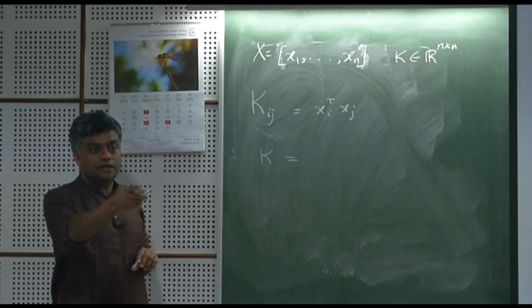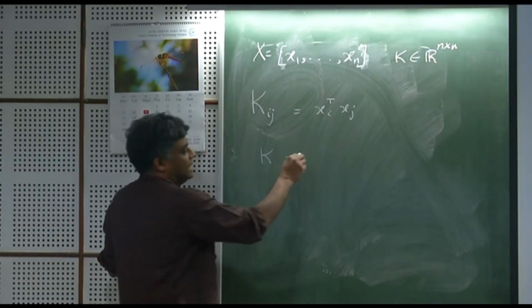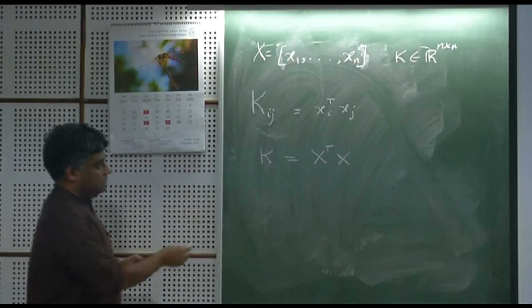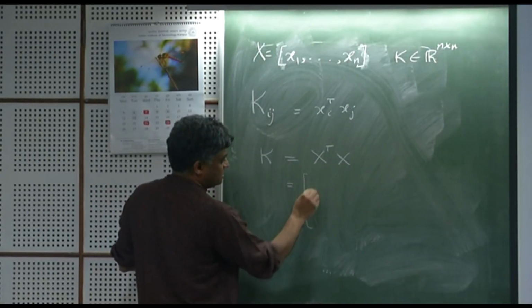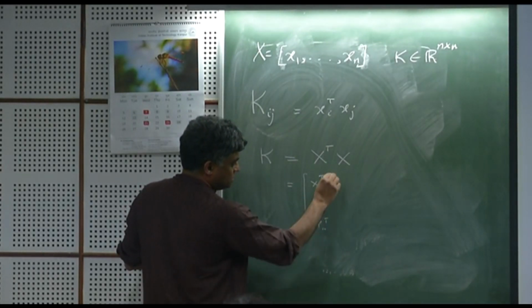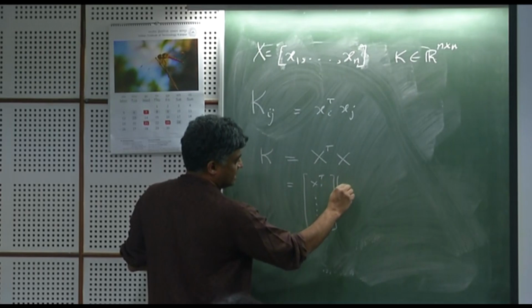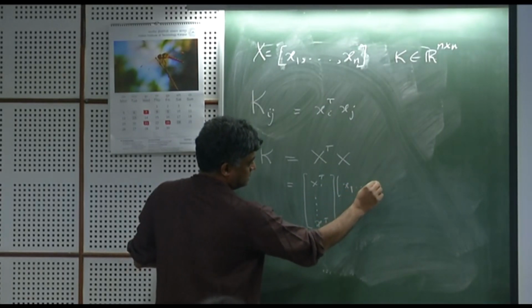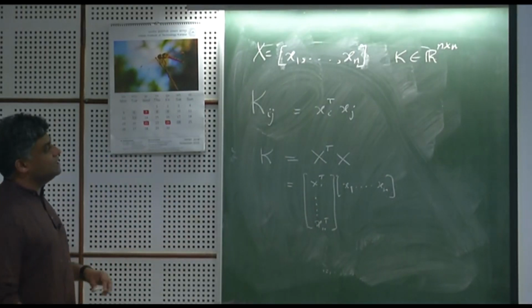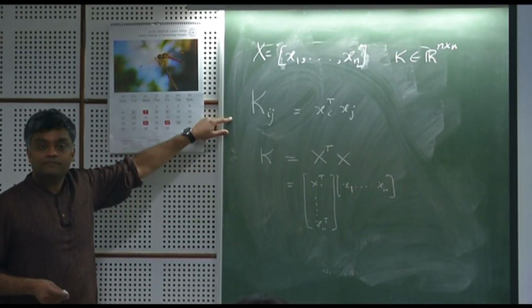Somebody said the right answer, go ahead. X transpose X. X transpose is x1 transpose through xn transpose, X is x1 through xn, and if you do this multiplication, you will see that the ijth element is exactly that.